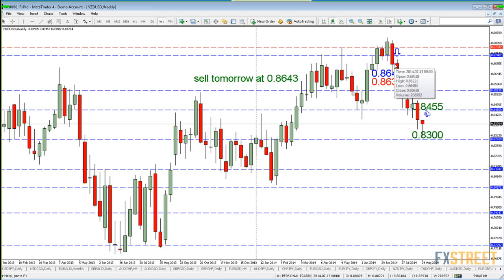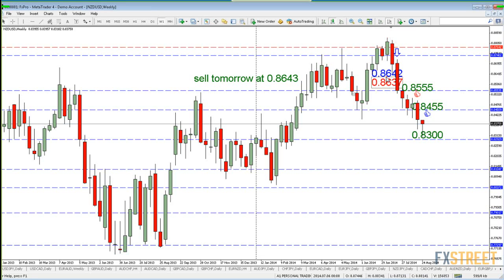Anyway, the low on this was 86.48. You see how the low says 86.48, and I sold at 43, right? I think I actually got in at 42, I'm not really sure why, and the original stop loss was up here, above this red candle. So it was at 88.25 or something like that. The high was at 88.22.